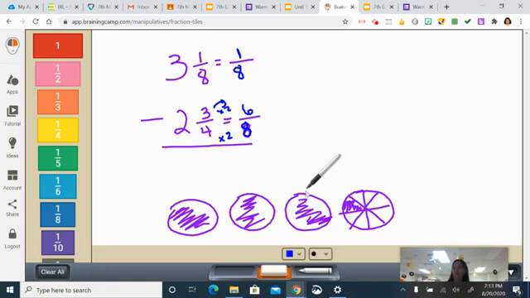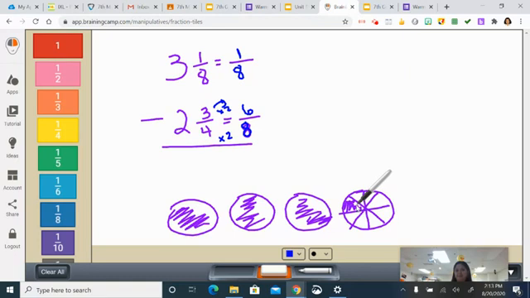Now, here's a problem. And it's not a problem. It's the same as exchanging, the same as borrowing when you are learning how to subtract regular numbers. So what we're doing is, we can't do 1 minus 6. Everybody agree with that? We can't do 1 minus 6. I can't take this 1 right here and subtract 6 pieces of it.